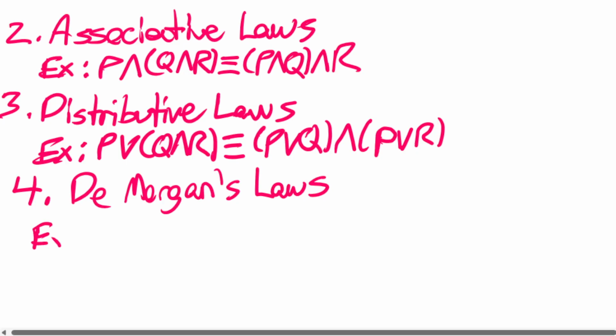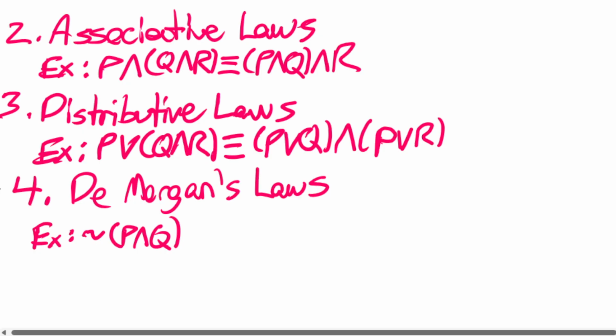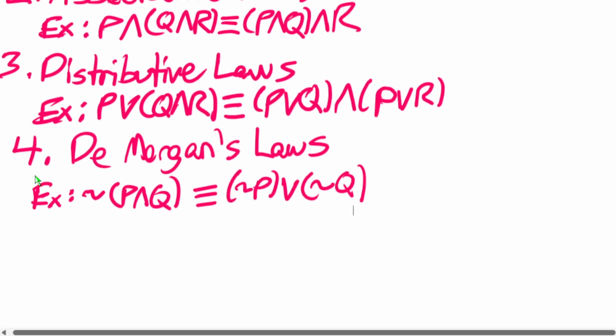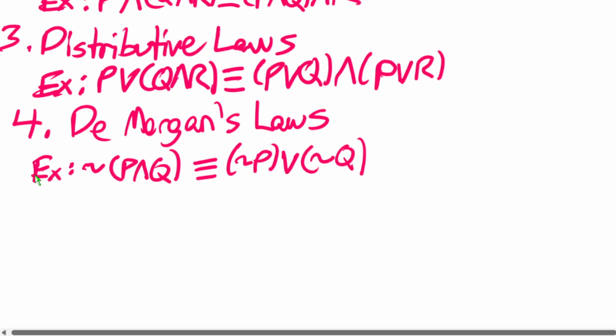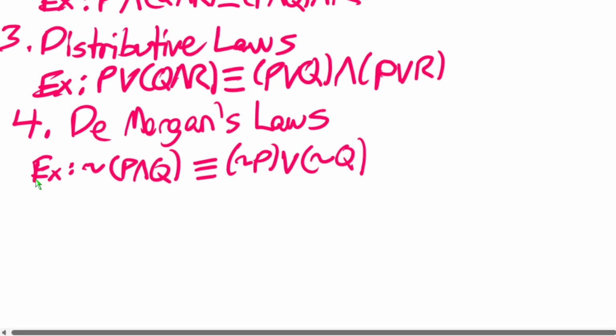So an example of this, we have not P conjunction Q, that is equal to not P disjunction not Q. So basically what this law is saying is that this compound statement is logically equivalent to the disjunction of the negations of its components.